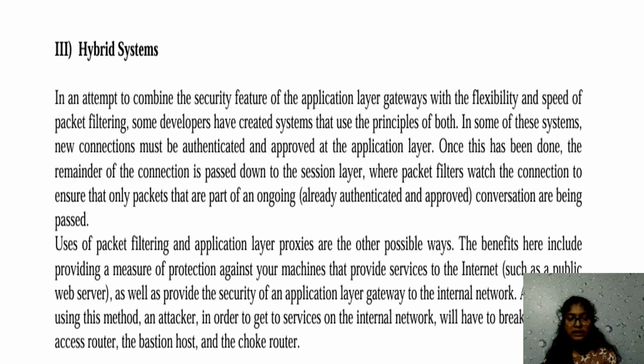Once this has been done, the remainder of the connection is passed down to the session layer, where the packet filter watches the connection to ensure that only packets that are part of the ongoing connection are passed. Like this we can know that hybrid systems are a combination of packet filtering and the application layer gateway.